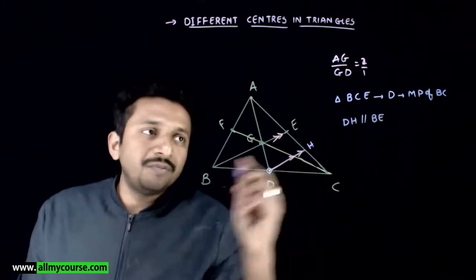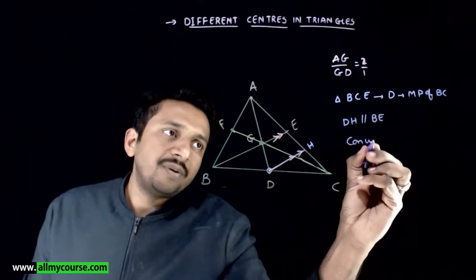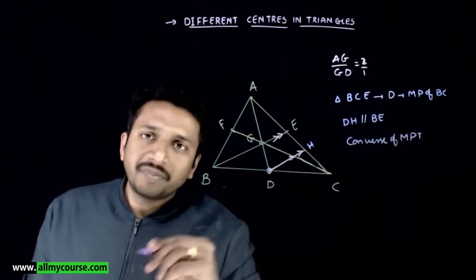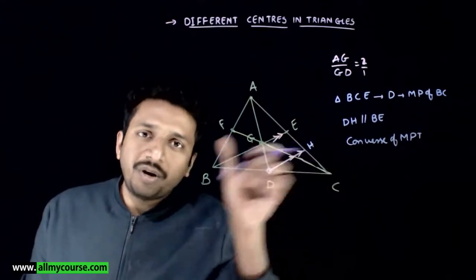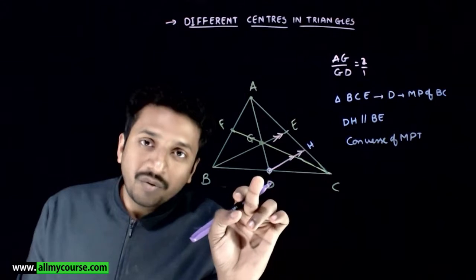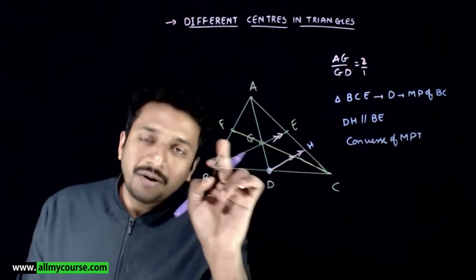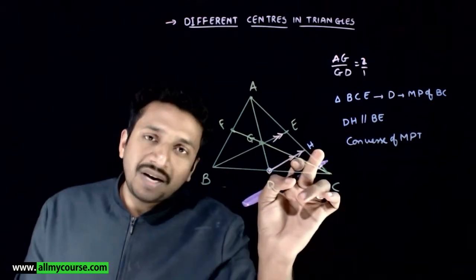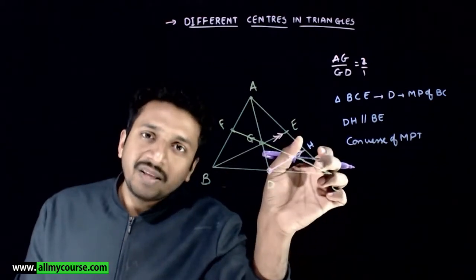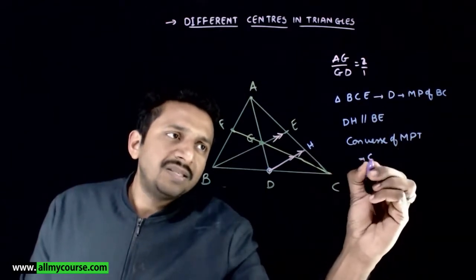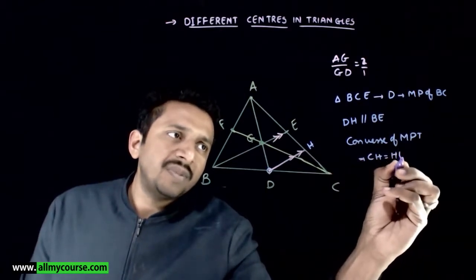So from the converse of midpoint theorem, H should be the midpoint of EC. This line is starting from the midpoint of one of the sides and is going parallel to one of the sides of the triangle, so it has to divide the other side into two equal parts. So from the converse of midpoint theorem, CH is equal to HE.